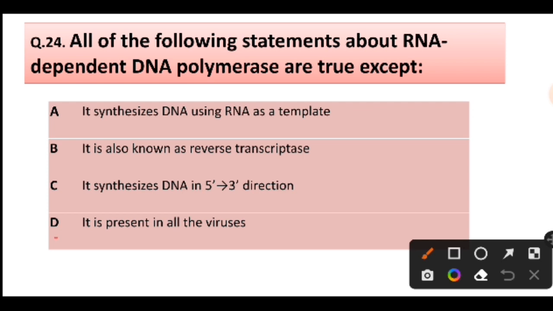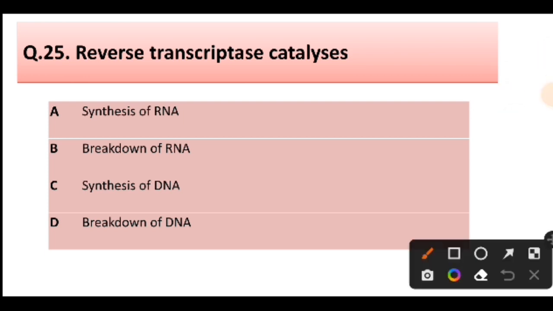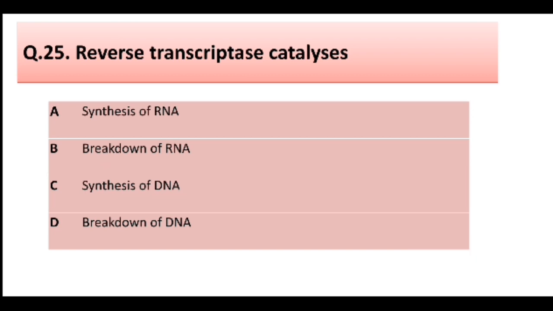Correct answer is option D. It is present in all viruses is not a true statement about RNA-dependent DNA polymerase. Question 25. Reverse transcriptase catalyzes synthesis of RNA, breakdown of RNA, synthesis of DNA, breakdown of DNA. Correct answer is option C, synthesis of DNA.